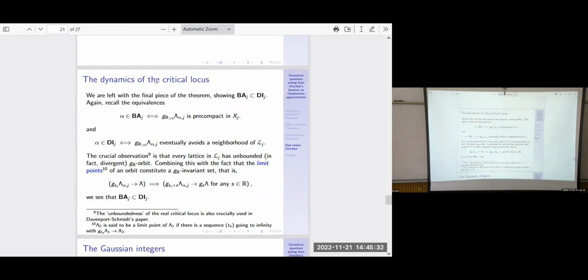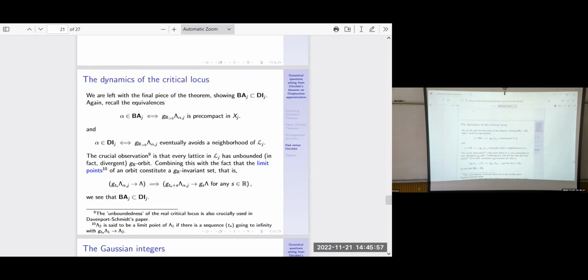So why is BA contained in DI? Remember, something is in BA means the forward orbit is precompact. Something is in DI if and only if it avoids the critical locus. So suppose something in BA is not in DI. That means it accumulates on the critical locus.